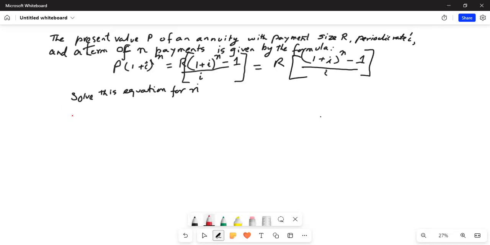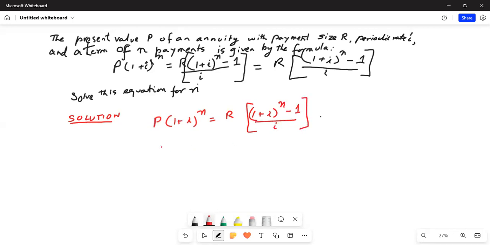So solution. We know P, this is given to us, times (1 plus I) to the power of n is equal to R times ((1 plus I) to the power of n minus 1) divided by I. First thing we will do is multiply by I on both sides. I times P times (1 plus I) to the power of n is equal to R times ((1 plus I) to the power of n minus 1).